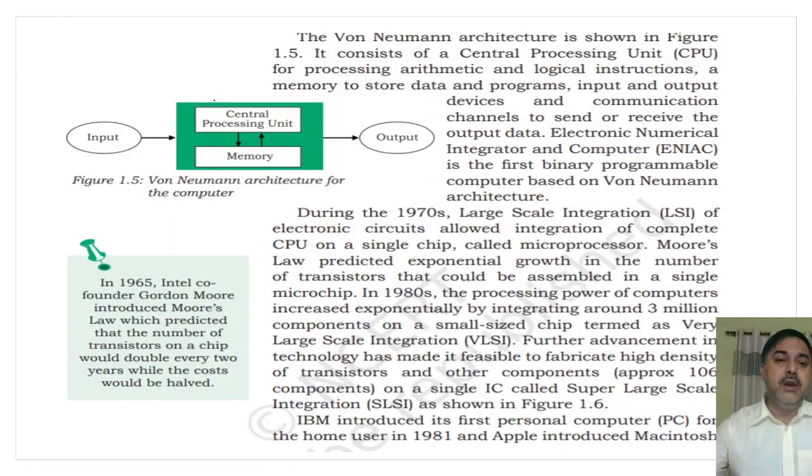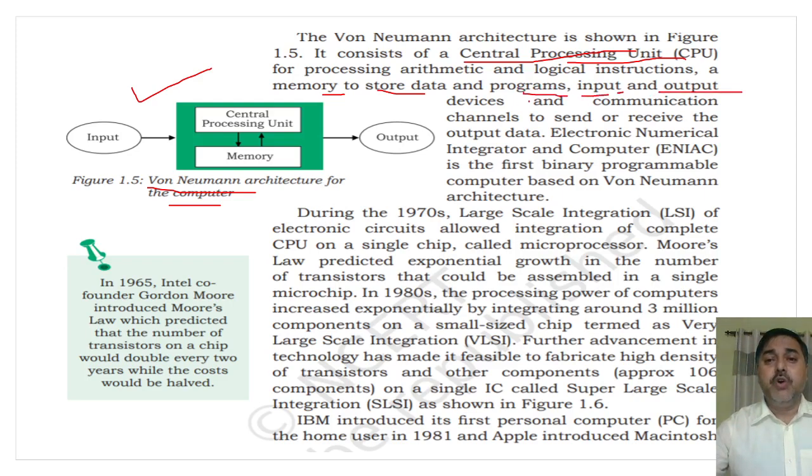See here, I'll explain one thing that is very important, that is the von Neumann architecture of computer. Von Neumann architecture of computer means what? You can find here there is a central processing unit. In this central processing unit we have the memory, the storage of the data, the program, input, and output.